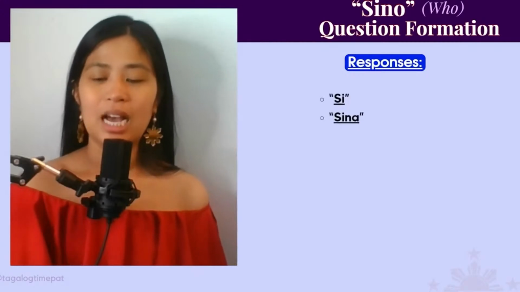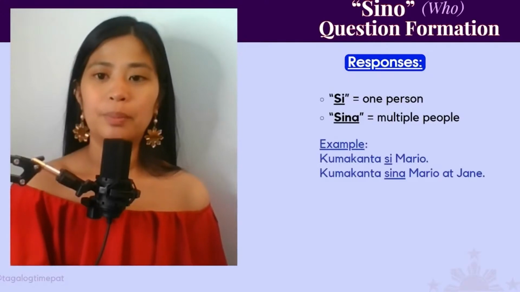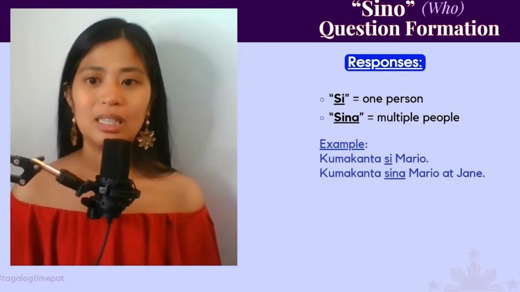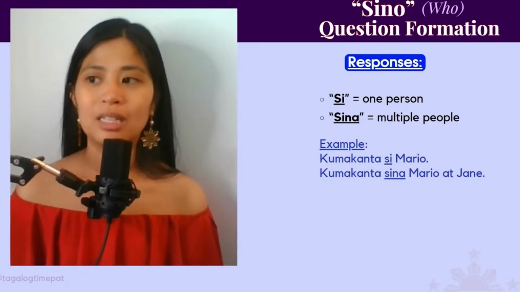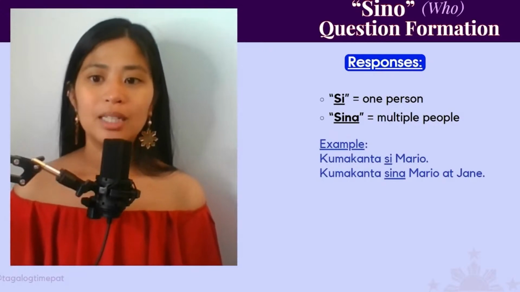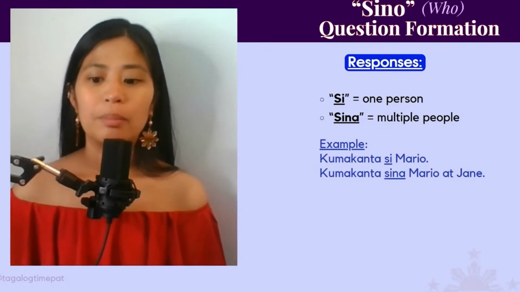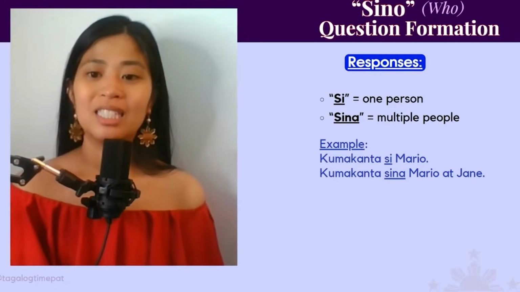Now, let's take a look at the responses. Si and sina. Si is for one person. Sina is for multiple people. So an example, kumakanta si Mario. Si Mario, because it's just one person. Versus kumakanta sina Mario at Jane. Mario and Jane are singing.